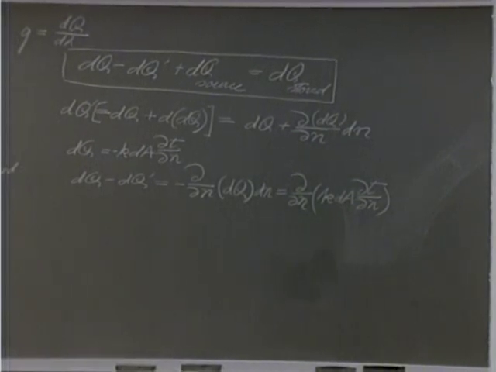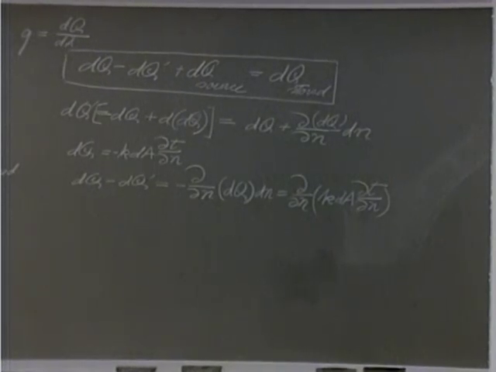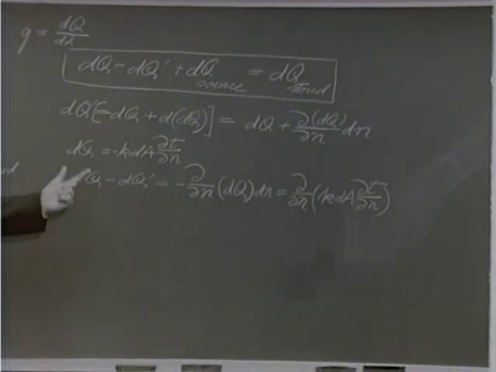And now I'm essentially through. All I have to do is now to introduce these two terms into my first equation in order to get, let's say, my final result. So let's do this.